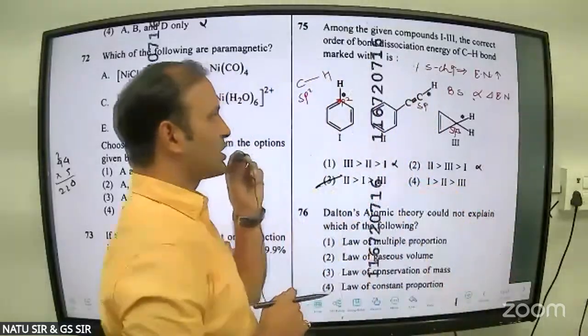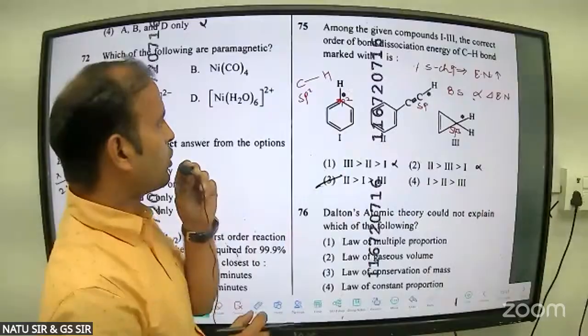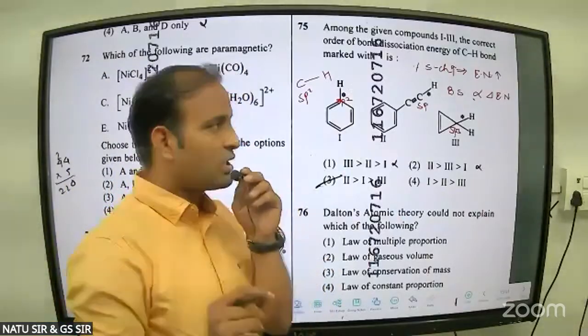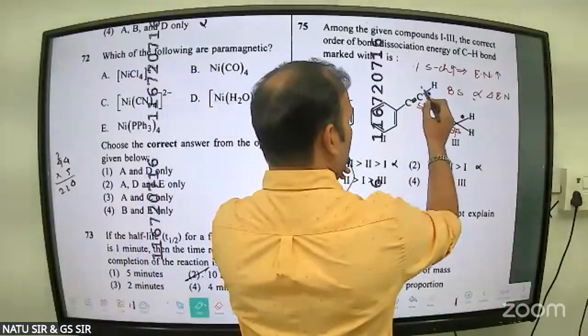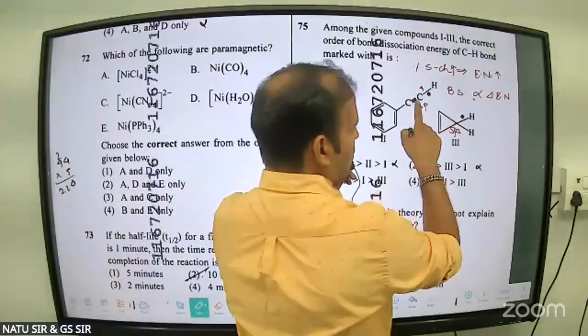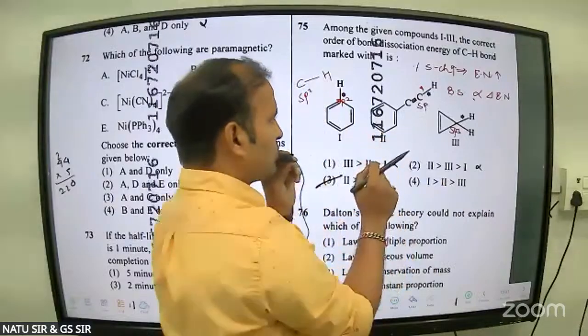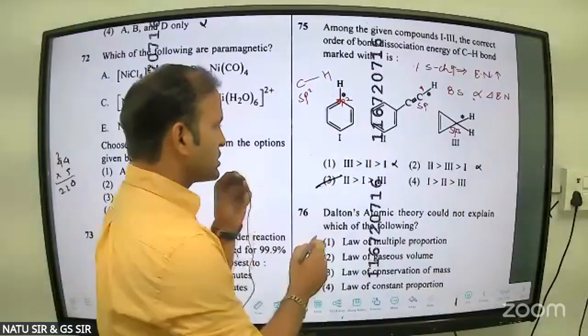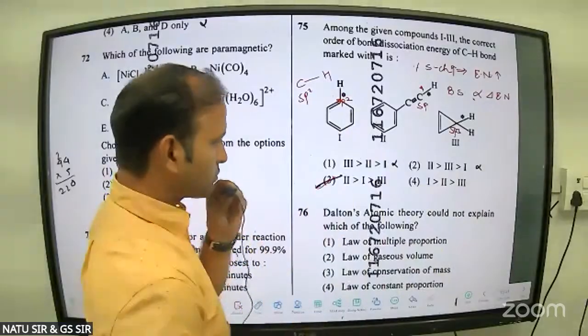So on the basis of this, the strongest bond is the one where the difference in electronegativity is high, that is the one which has the highest s character. Since it's the strongest bond, this will require the largest amount of energy, then this, and then the last one is going to be this one. So the answer is 2, 1, 3.